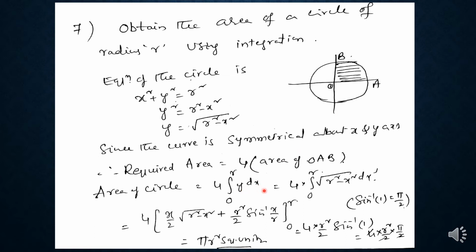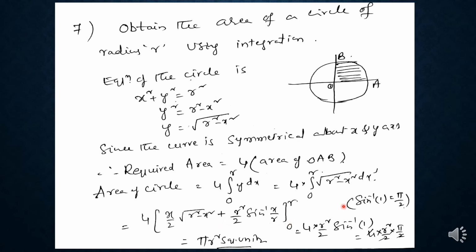Now substituting the value of y, we get 4 into the integral from 0 to r of square root of r square minus x square dx. This is in the form of the integral of root of a square minus x square dx, which is x by 2 into root of a square minus x square plus a square by 2 sine inverse x by a.